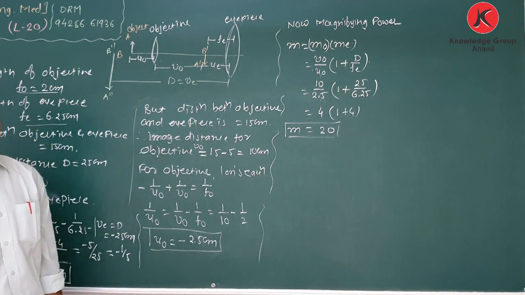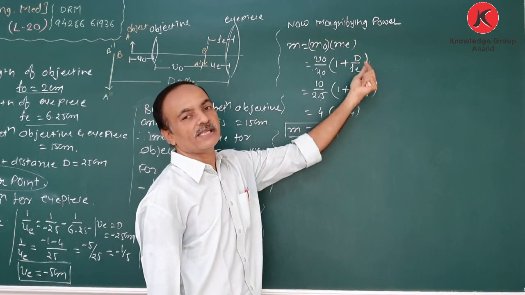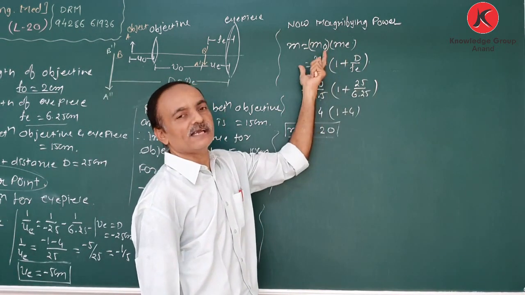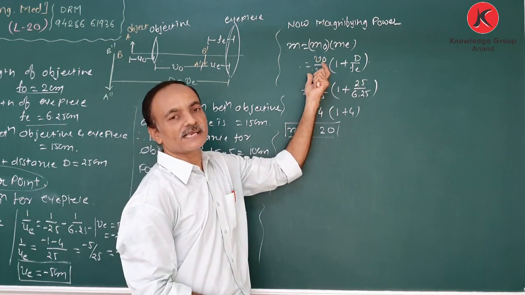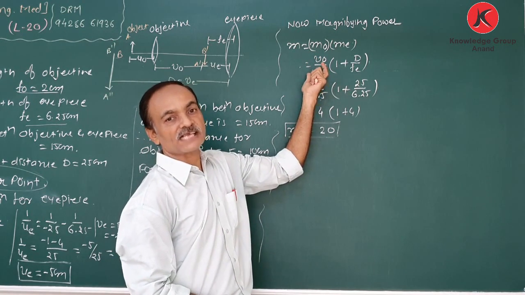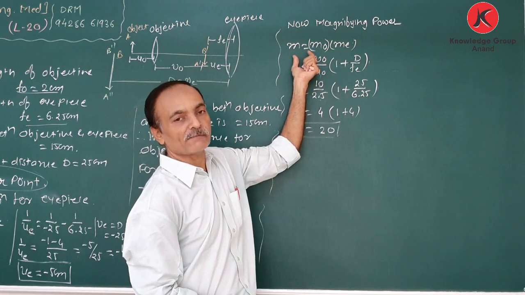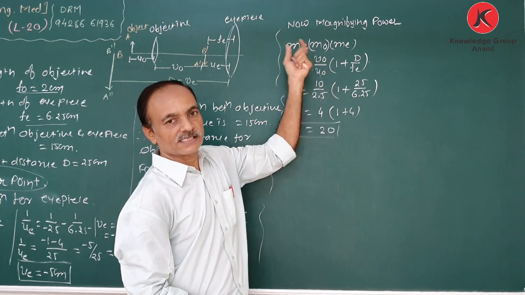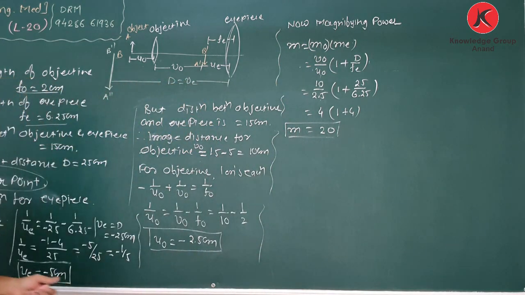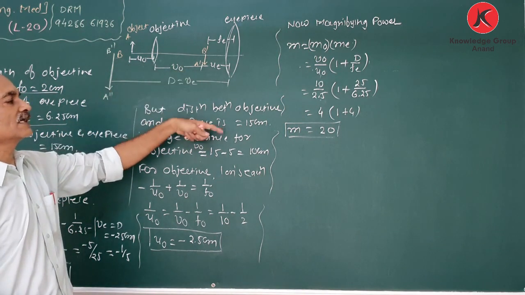Now here, what are the values substituted of V0, U0, D, FE? Here we are only interested in calculating the magnification. All values are considered positive, not with the sign convention. Here we only find the magnitude of magnifying power. Clear this thing? Okay. So, quite a lengthy numerical, but if you first understand what this numerical says, it is very easy.